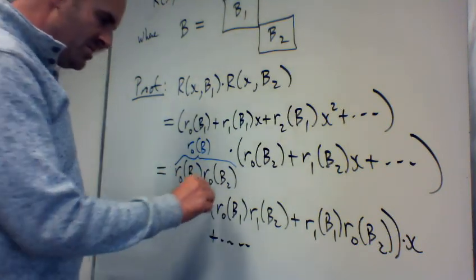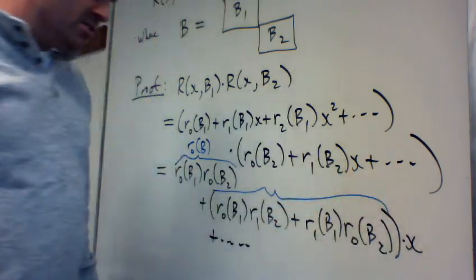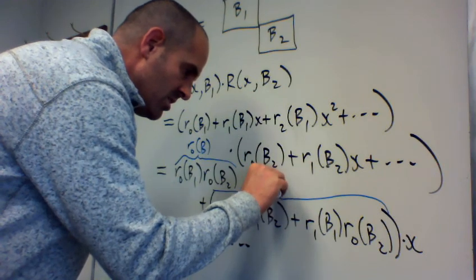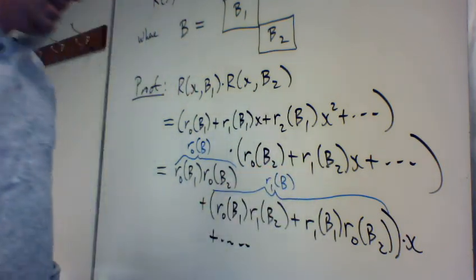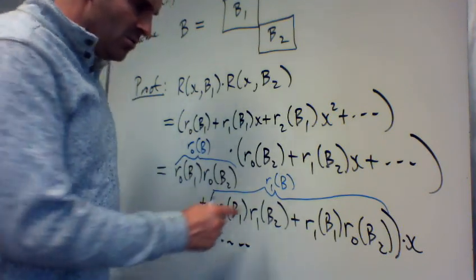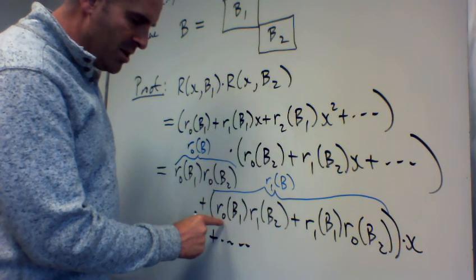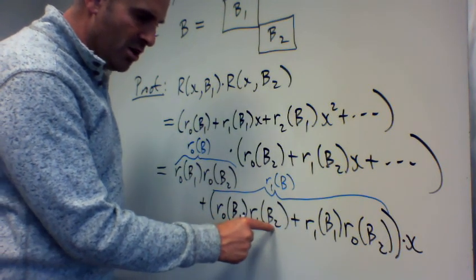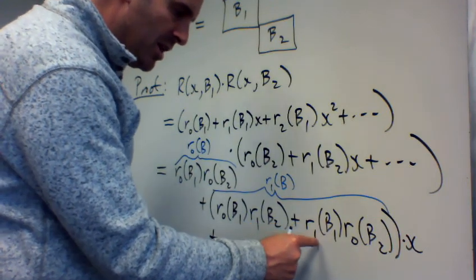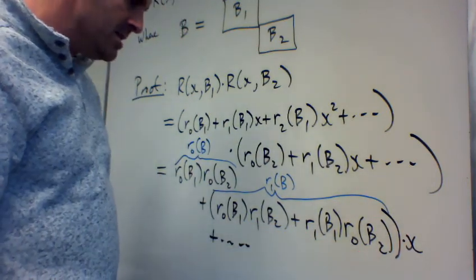And what about this coefficient? Well, that coefficient is exactly R1 of B. Why? Once again, if I want to place 1 rook on board B, then I'd better place 0 on board 1 and 1 on board 2, or, which is why it's plus, I'd better place 1 on board 1 and 0 on board 2.